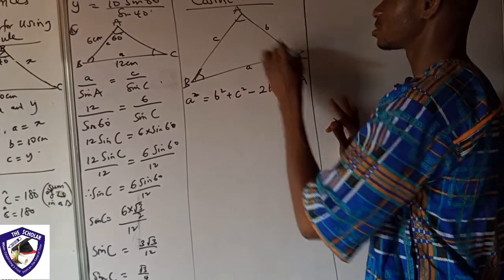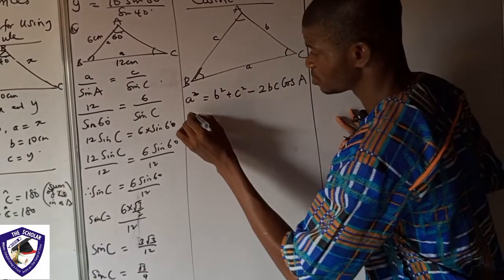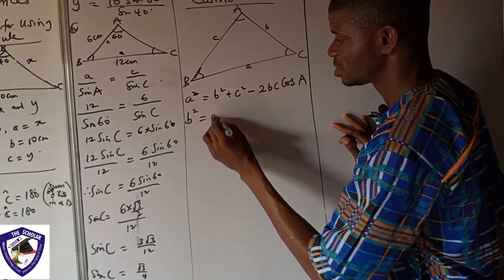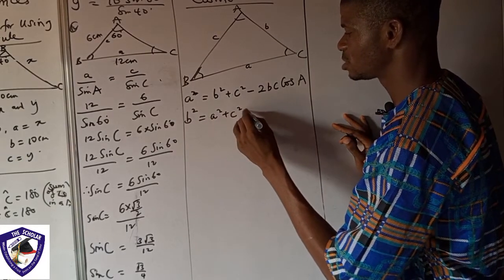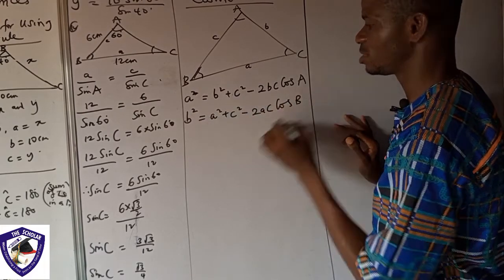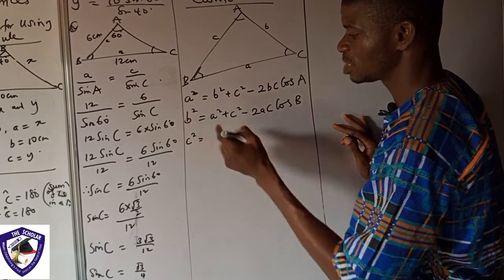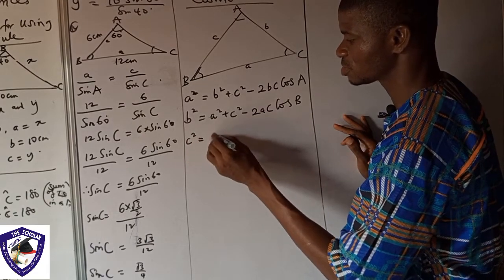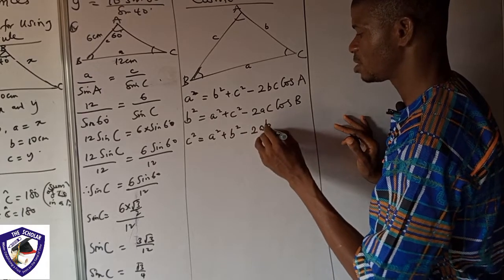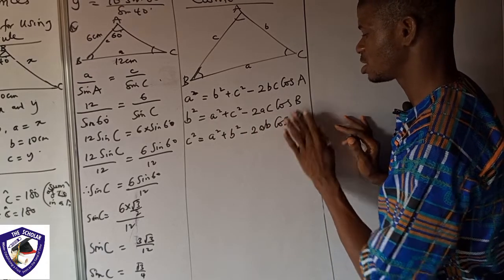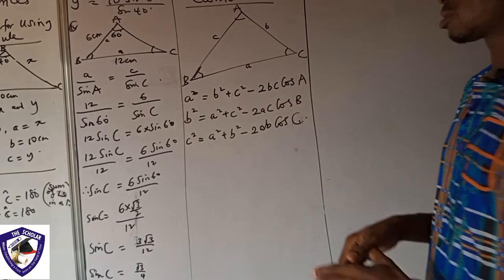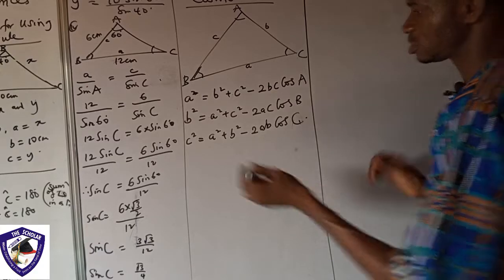Then for the next one, b squared, since I'm taking b, it remains a and c: a squared plus c squared minus 2ac cos the angle, that's B. Then if I take c, it will remain a and b. So c squared is equal to a squared plus b squared minus 2ab cos the angle, which is C. So this is our cosine rule. So what are the conditions for using cosine rule? Let's look at the conditions.